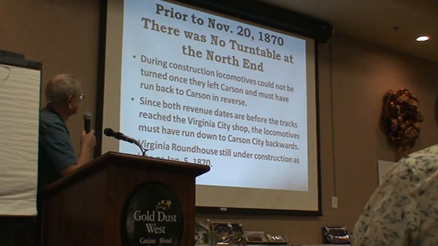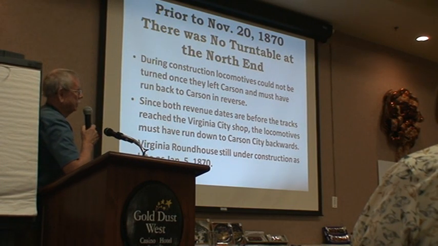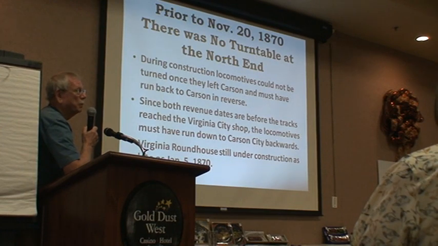Here's my deduction about the lack of a turntable until November 20th, which is when they got to Virginia City. We don't know that's when they built the Virginia City turntable, but that's when the newspaper said the roundhouse was almost finished. All during construction, and all the revenue trains prior to that date, had to go either up backwards or down backwards.